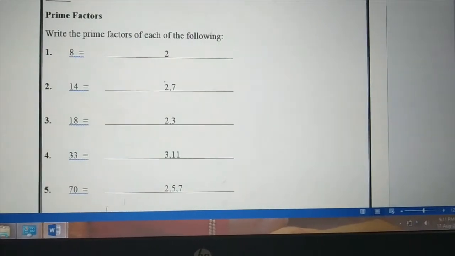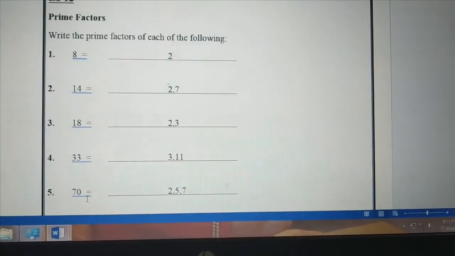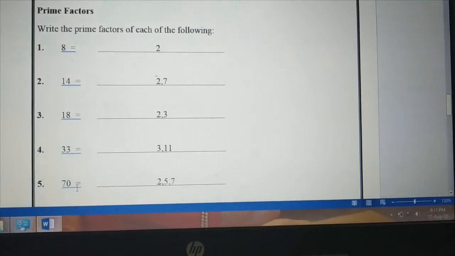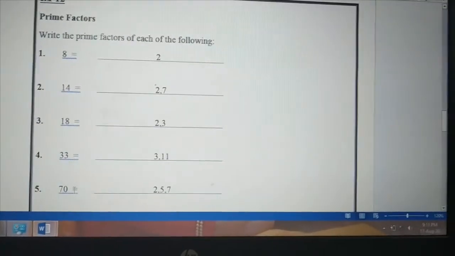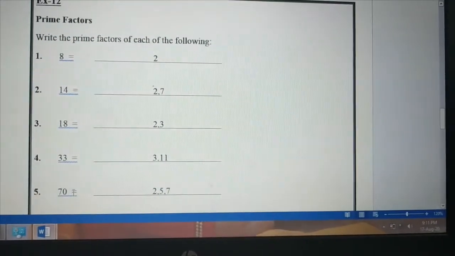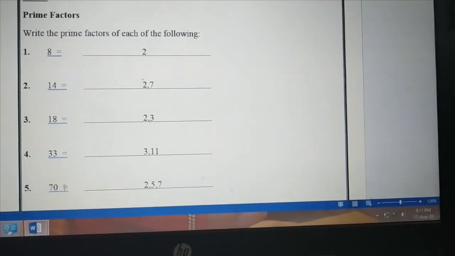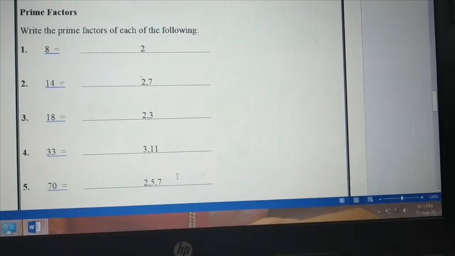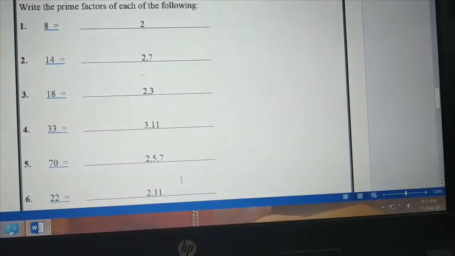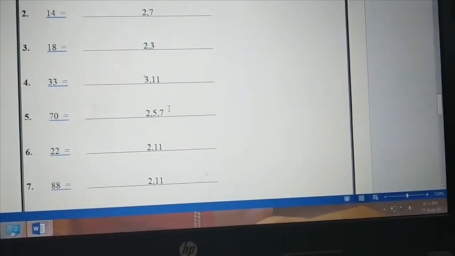For 70 the factors are 1, 2, 5, 7, 10, 14, 35, 70, and from these factors 2, 5 and 7 are the prime numbers, so these are the prime factors.